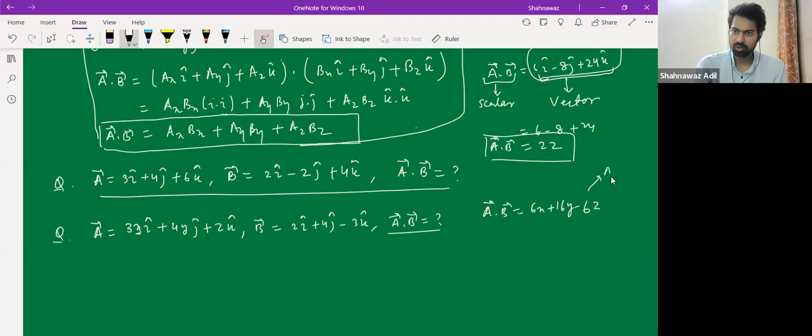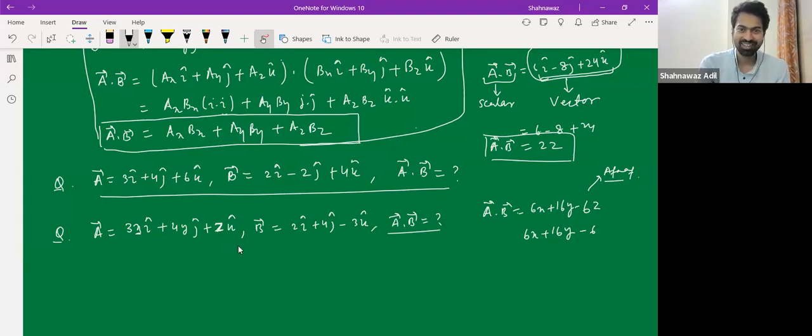Rishita, did you get the same answer? Sir, how did z come? Sir, 6x plus 16y minus 6. So is my handwriting that bad? This is z, guys. You took 2, so Rishita also took 2.